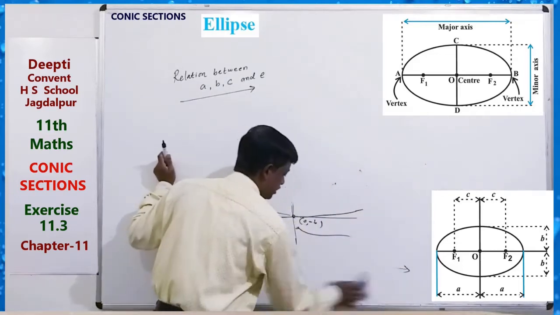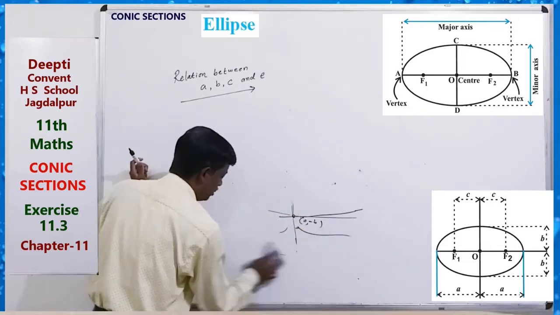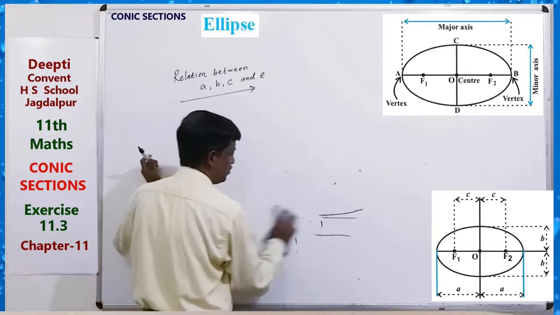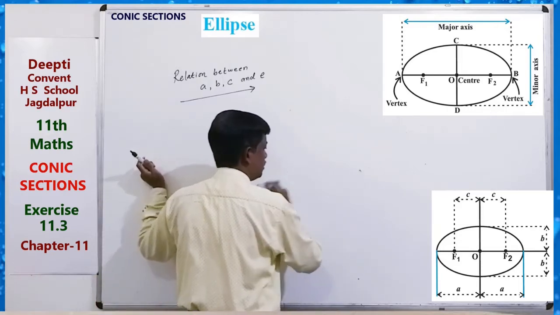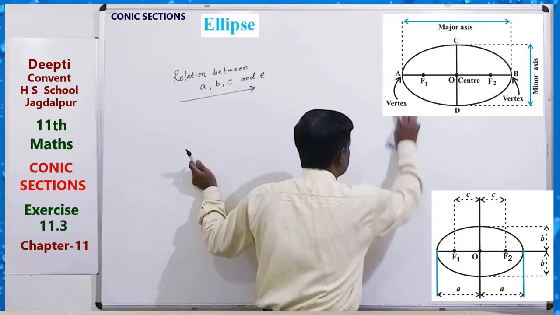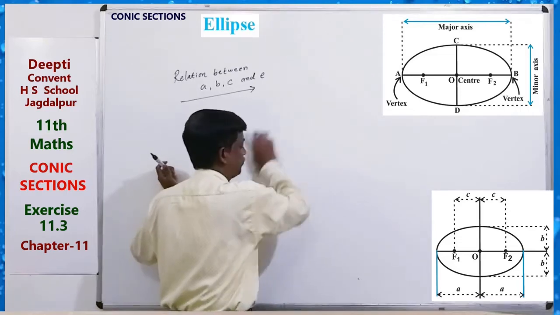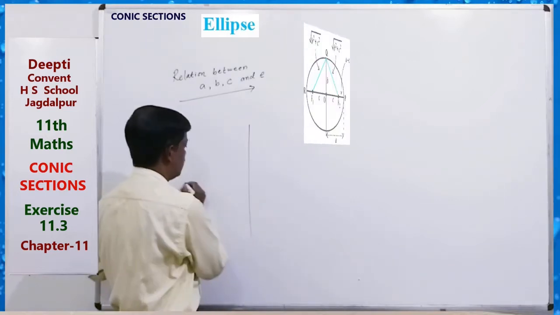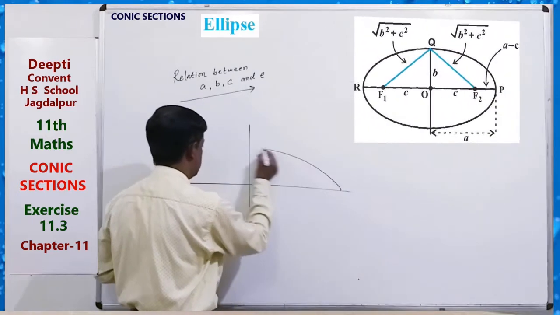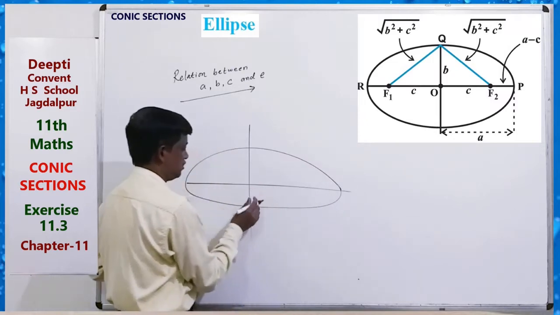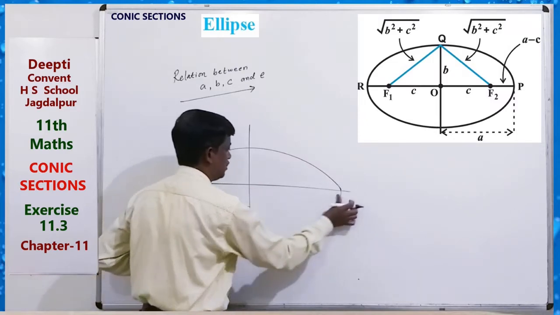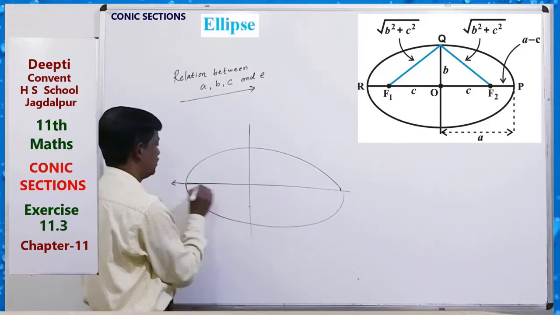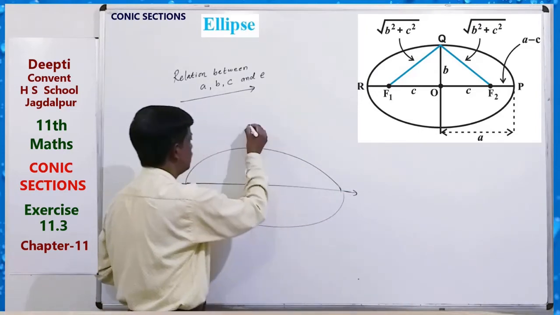What is the definition of an ellipse? For points on the ellipse, the sum of the distances of the point from the two foci always remains constant. Suppose this is our ellipse. Clear?